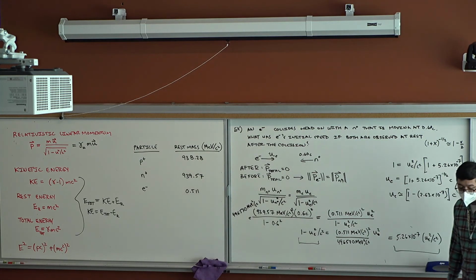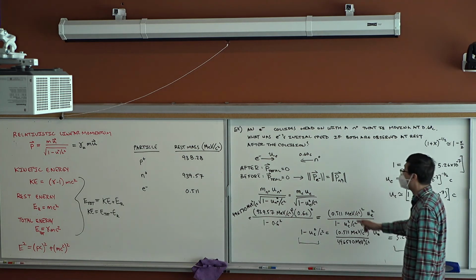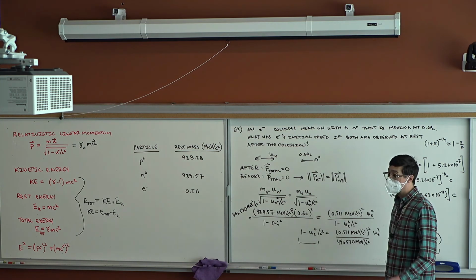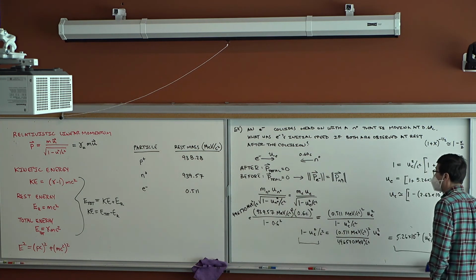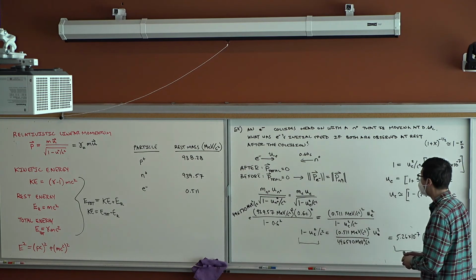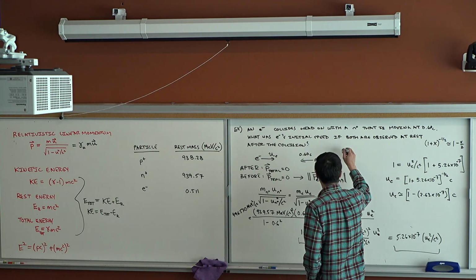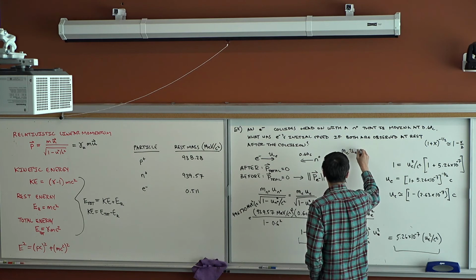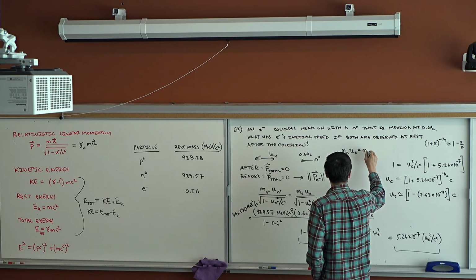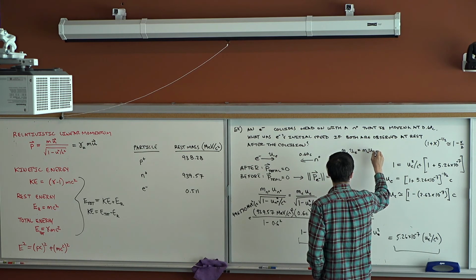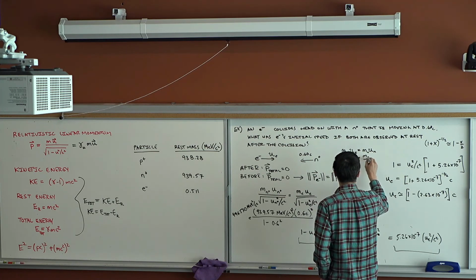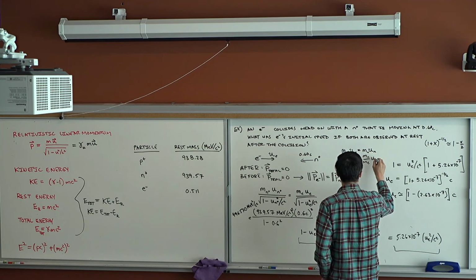If we wanted to try this classically, then we still would say that the momentum magnitude of the electron would be the same as the magnitude of the neutron's momentum initially. And so we would say that mₑ uₑ needs to equal mₙ uₙ, or that uₑ would just be mₙ over mₑ times uₙ.